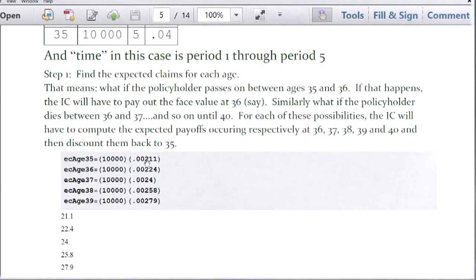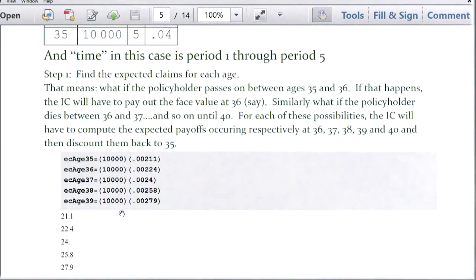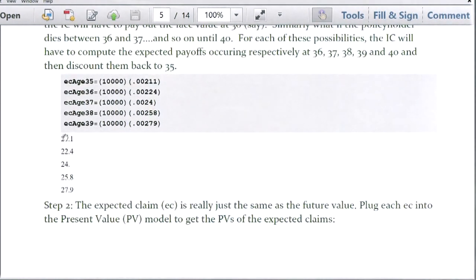Remember, these numbers are the column 4 numbers that we saw on the mortality table, corresponding to a person dying between 35 and 36, 36 and 37, 37 and 38, 38 and 39, and then 39 and 40. If you multiply each of these by the face value, you have these 5 expected dollar amounts, which are given here: 21.1, 22.4, 24, 25.8, and 27.9.